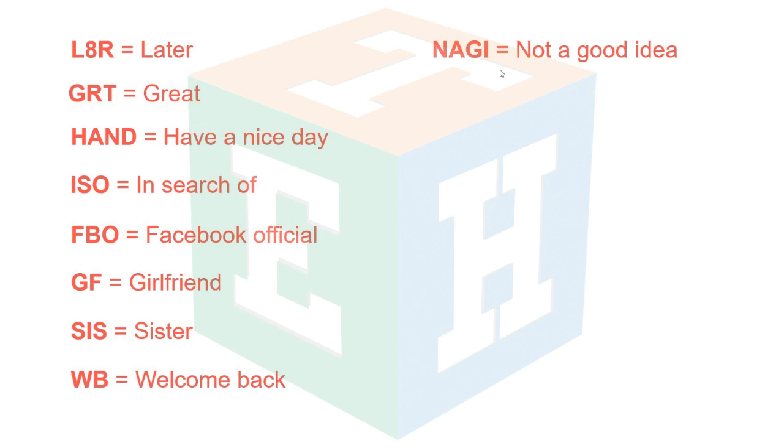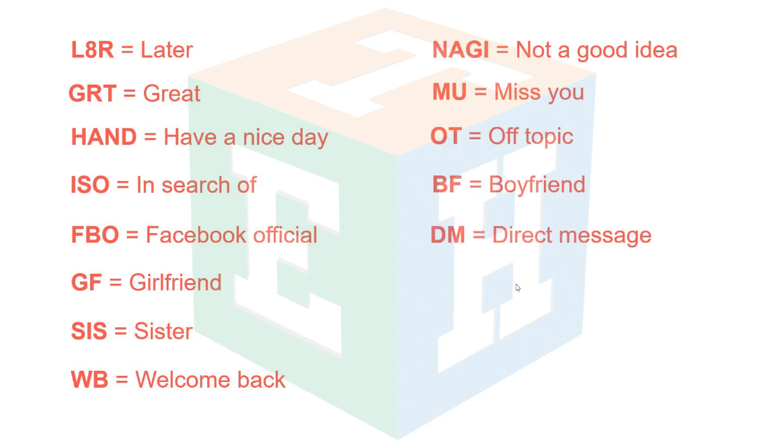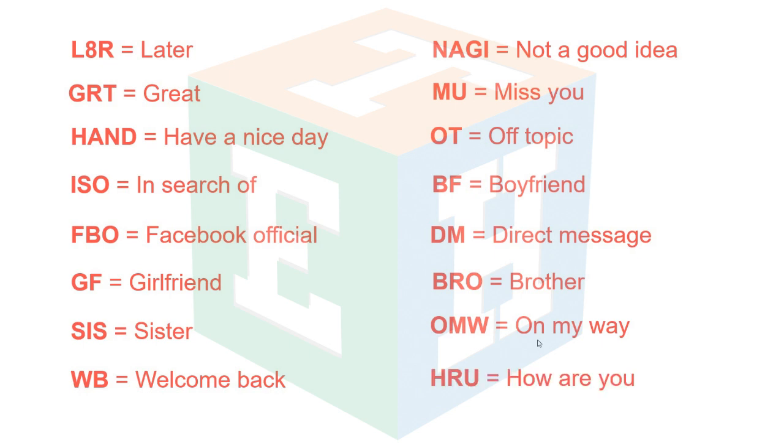NAGI, not a good idea. MU, miss you. OT, off topic. BF, boyfriend. DM, direct message. Bro, brother. OMW, on my way. HRU, how are you?